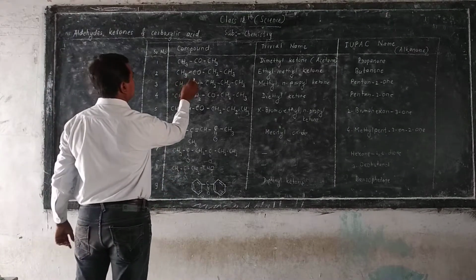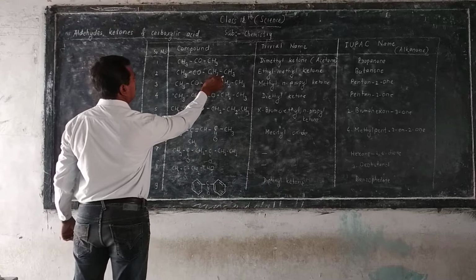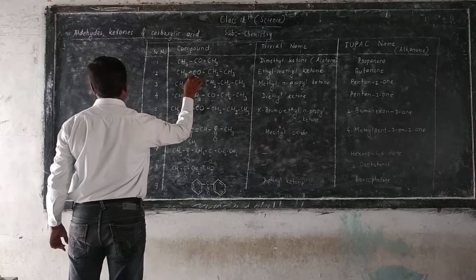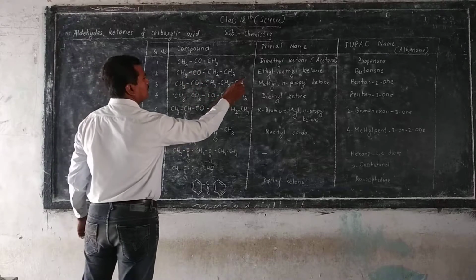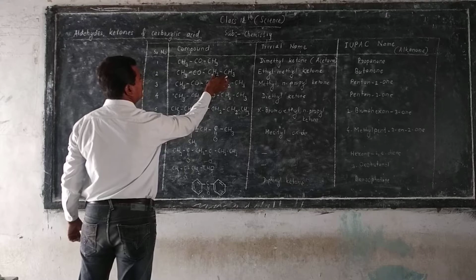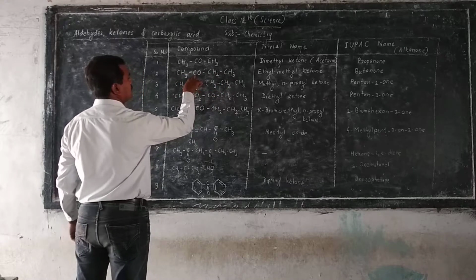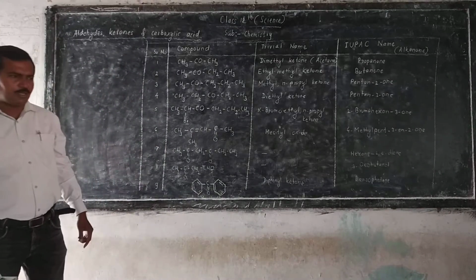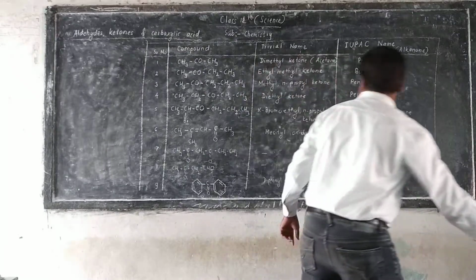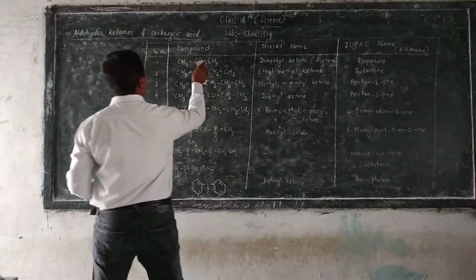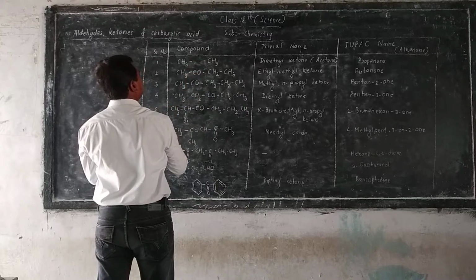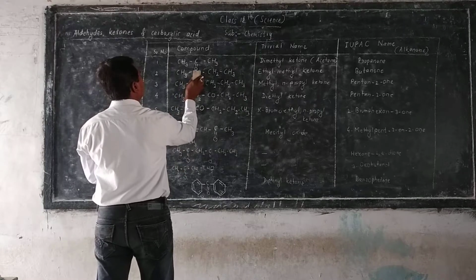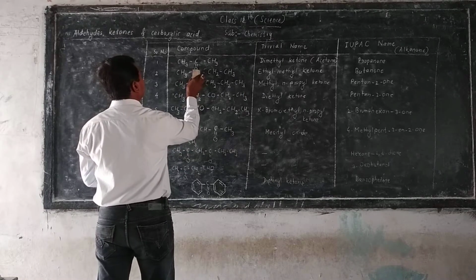Then in the second structure, a methyl group is present and an ethyl group is present, attached to this carbonyl carbon. So in alphabetical order, it is ethyl methyl ketone. This structure can be written like this, and in this way we can also write.